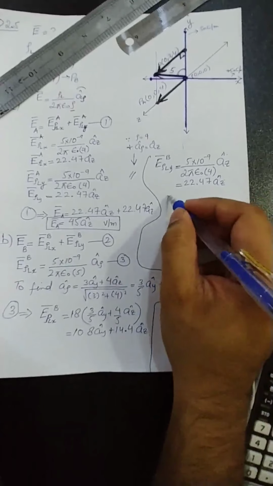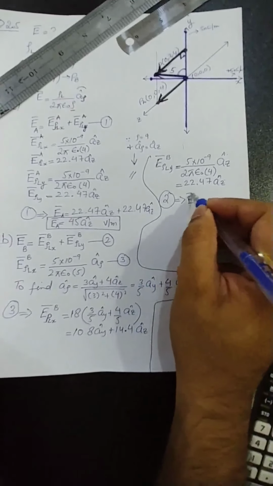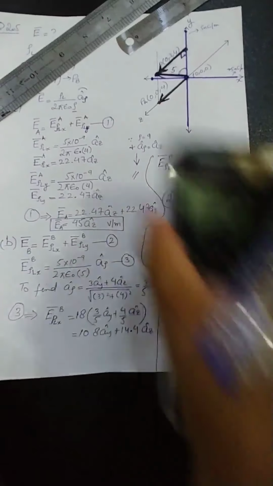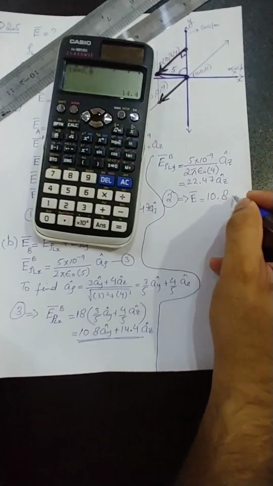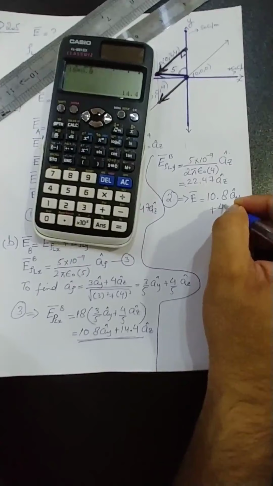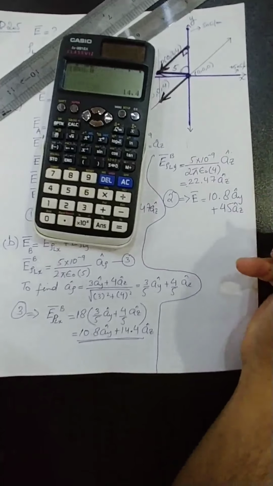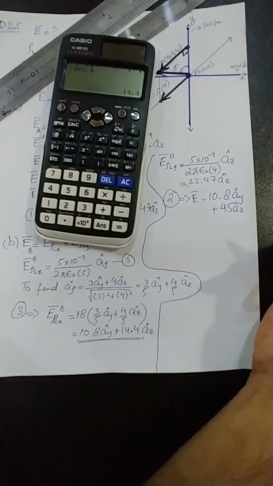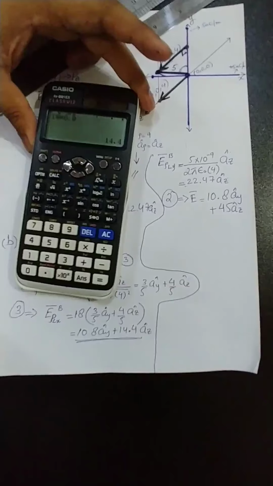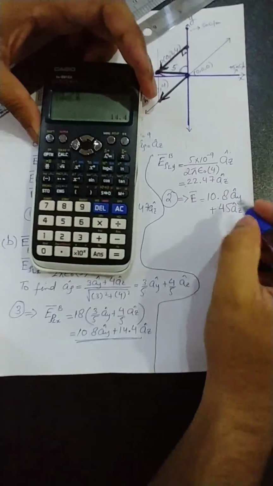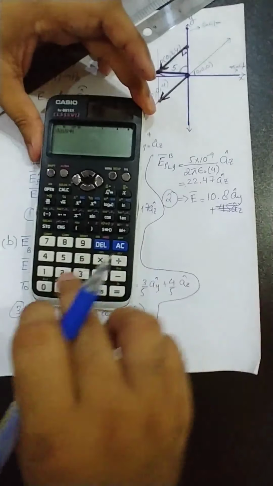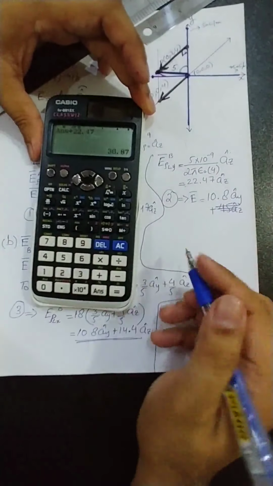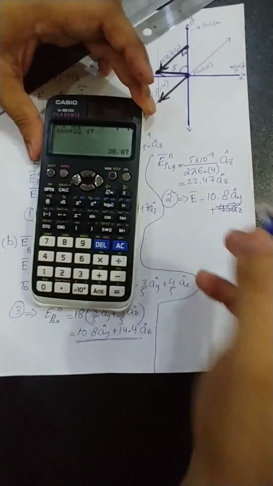So now, using equation number 2, if we add these two contributions, what we'll get is 10.8 ay plus, sorry, not 45, because az was 14.4 previously. 14.4 plus 22.47 will give us 36.87, or approximately 36.9.